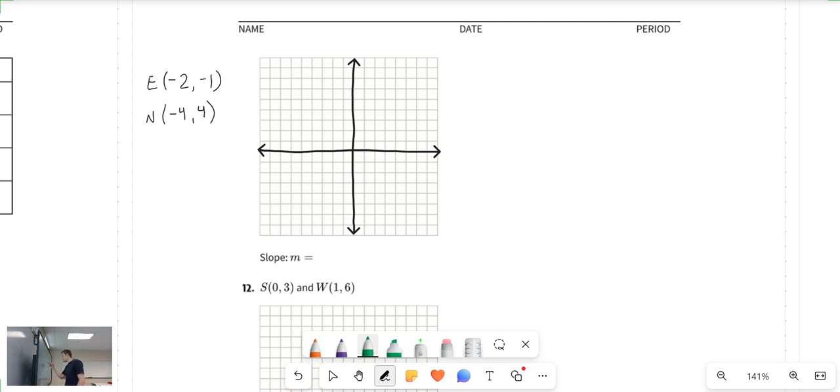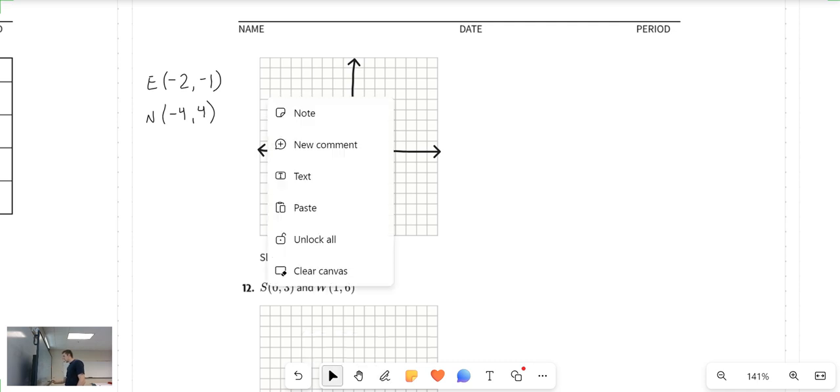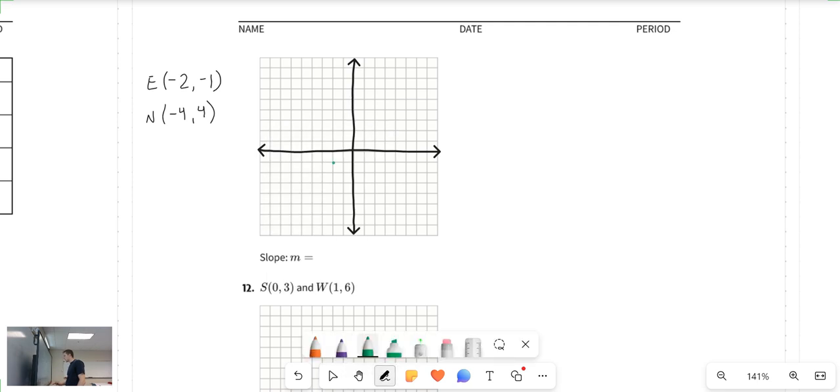So -2, -1. -2 means we go to the left 2, and -1 means we go down to here. So that is our point E. And then -2, 4. 1, 2, 3, 4, we go up 4. That's where our N is going to be.